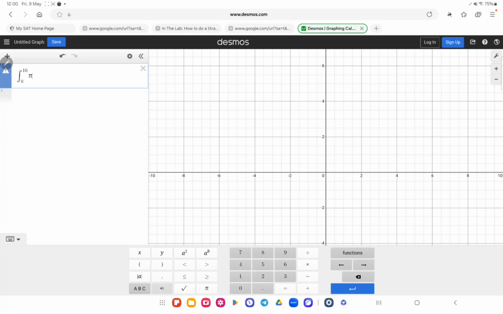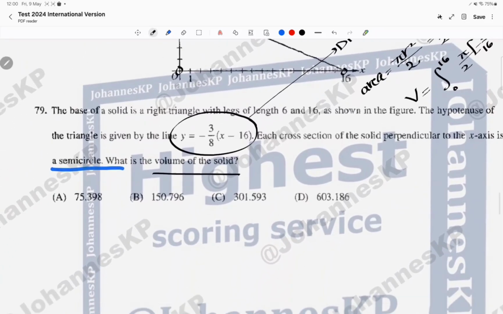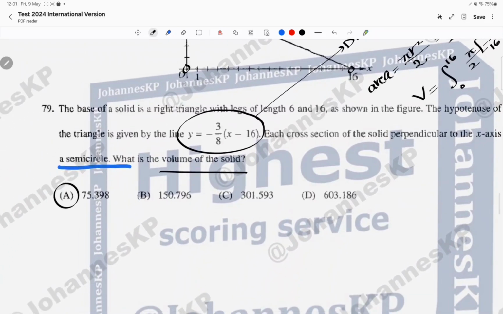So pi is here, over 2, open the bracket, negative 3 over 16, x minus 16 squared, dx. And I got 75.398. So it's going to be A. Okay.